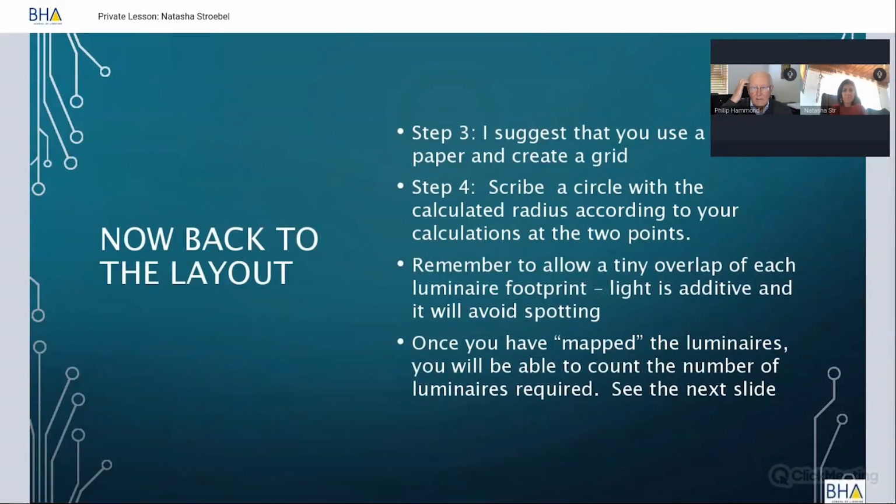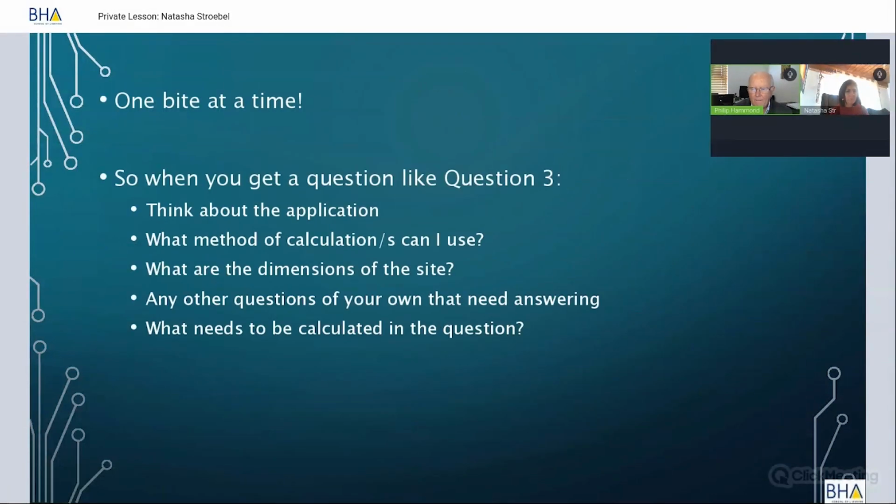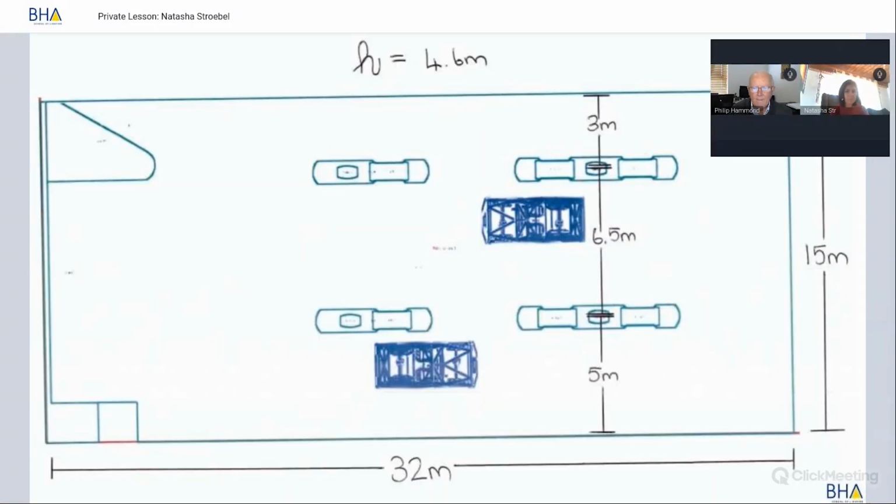Now, using the same graph paper, you superimpose the layout. You put that onto your graph paper and you measure it out using the measurements that you're given there.